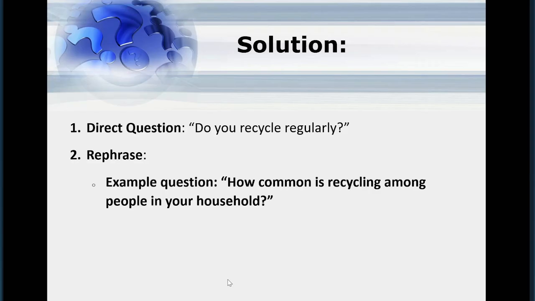Yes, it can be, "How common is recycling among people in your household?" So, indirect phrasing reduces personal pressure, allowing respondents to answer without feeling judged, which can lead to more accurate data collection on sensitive behaviors.